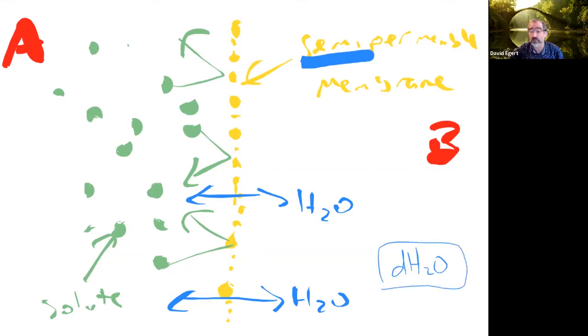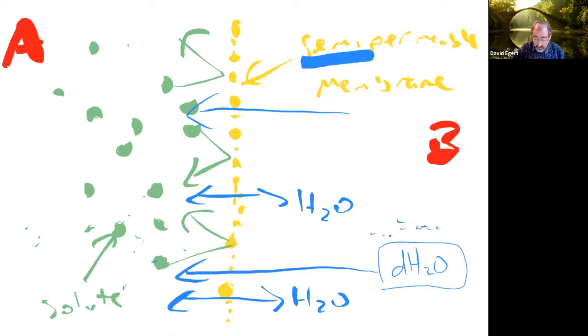It's the highest possible concentration of water you can have. On this side here, the water is kind of diluted with solute. There's less water on this side. So you could say this is a higher concentration of water and this is a lower concentration of water because there's other stuff there. So water is going to move on its concentration gradient. The water is going to want to move from the higher to the lower concentration of water. So that's osmosis.